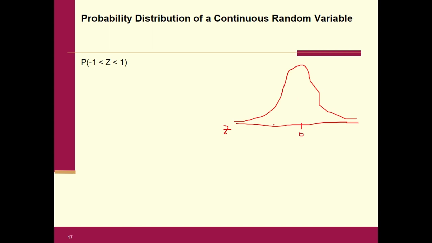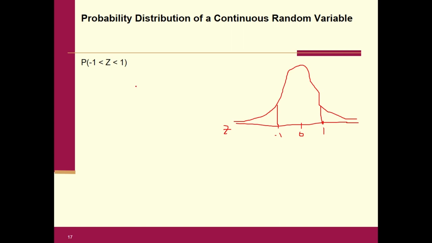Here's 0. Here's negative 1. Here's positive 1. We should already know what our answer should basically be. This is the empirical rule, and so this should be about 68%. We're going to see where exactly this is coming from.